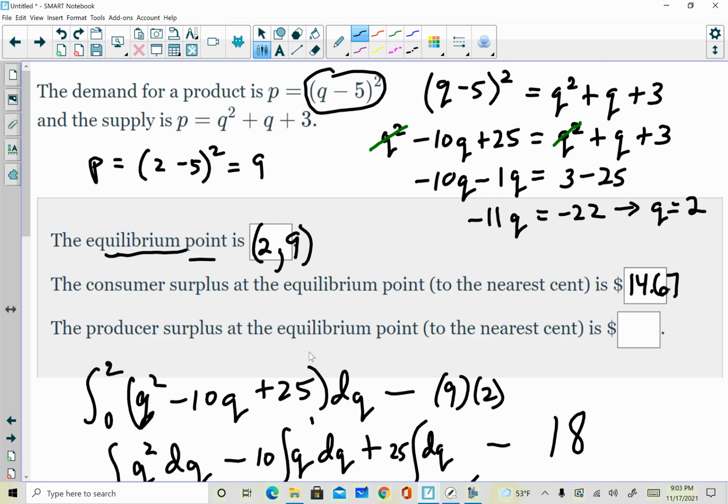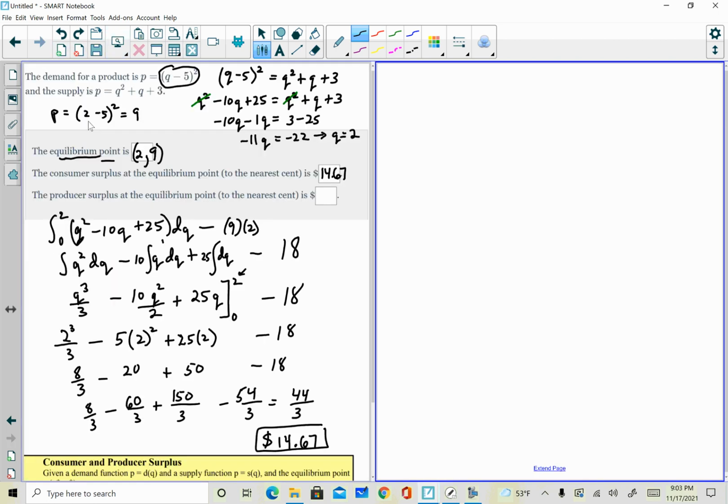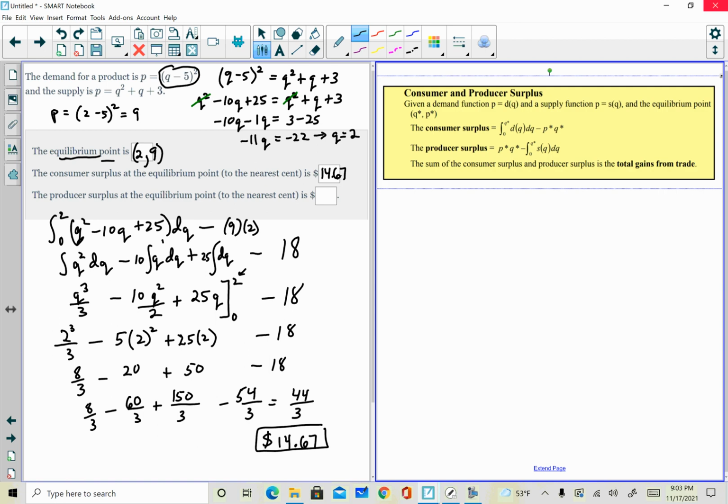The producer surplus is P times Q. That would be 9 times 2. P times Q minus the integral from 0 to Q, so that's from 0 to 2, of the supply function.